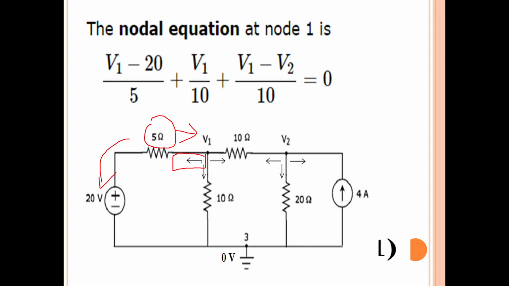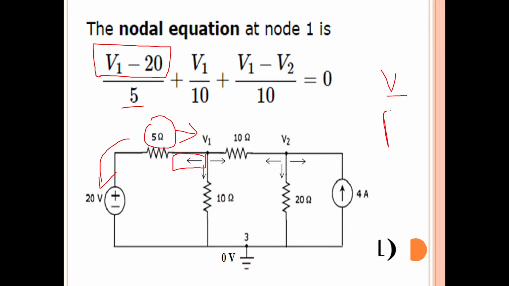You have assumed that current starts from V1 and moves towards the source, so you write V1 minus 20. Instead of 20 minus V1, we write V1 minus 20 because current has started from node V1 and is moving towards the 20 volt source. Therefore, V1 minus 20 divided by the resistance value.